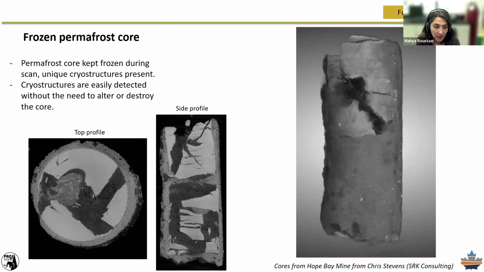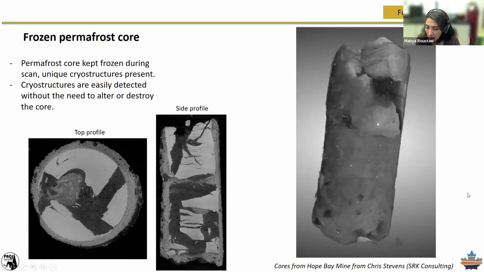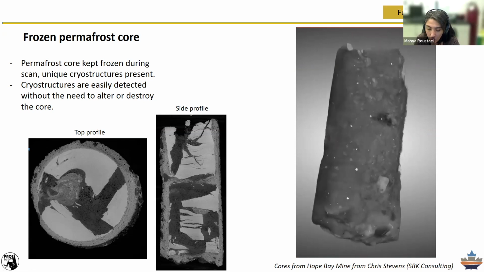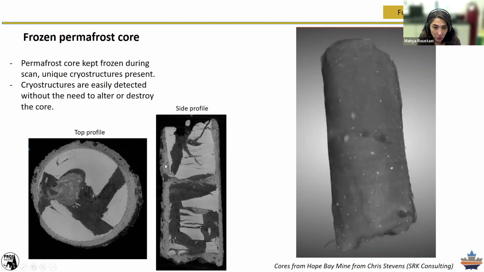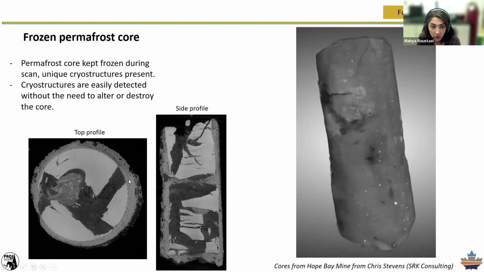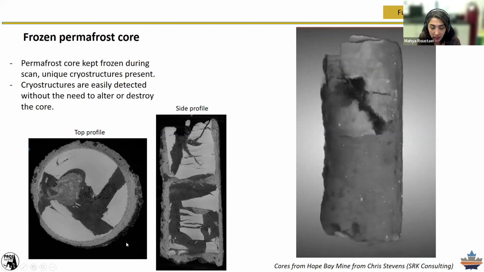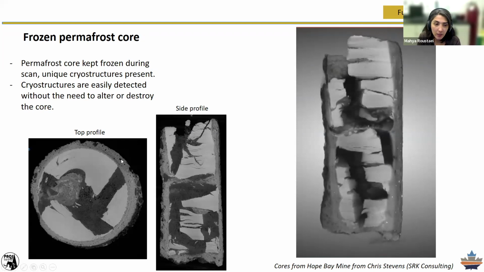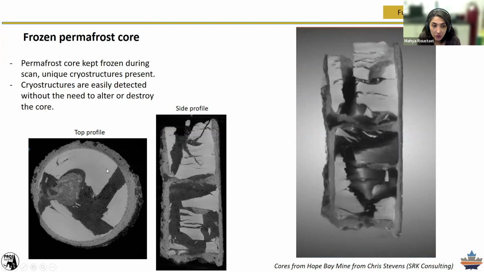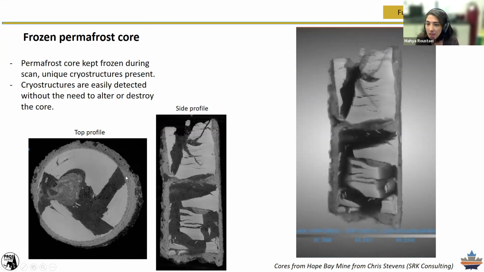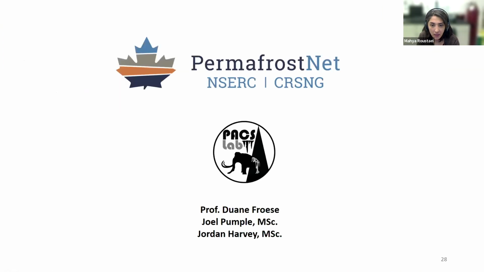You can see the ice lenses, as well as a quick video showing how this material, or the edges, are strongly impacted by the drilling technique. Although it was an ultrasonic drilling technique, I think the outer edges were thawed, and you can easily see what's going on after the sample is drilled. And this is the last slide.